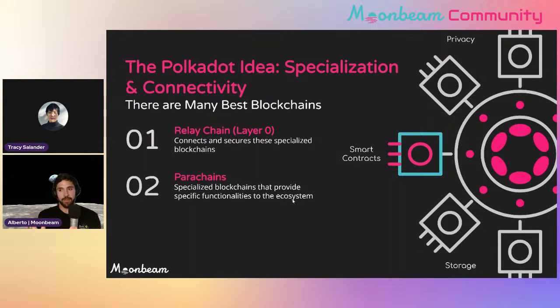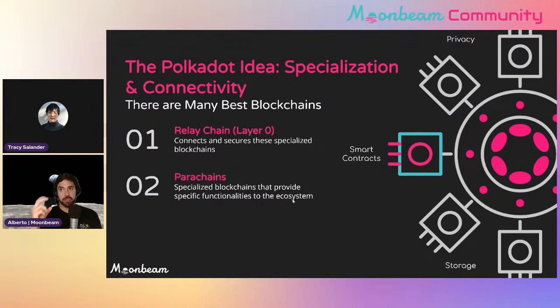The idea is that each parachain will provide a specific functionality to an ecosystem. This creates a very interesting dynamic, because parachains by themselves don't provide a lot of value, but the entire ecosystem provides a really big value. You will have parachains specialized in smart contracts, others in privacy, others in storage.